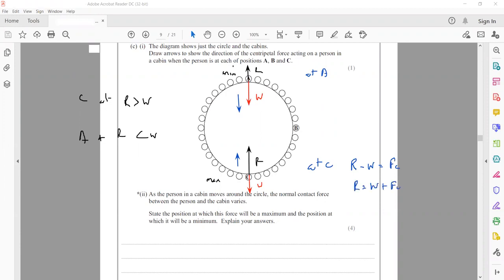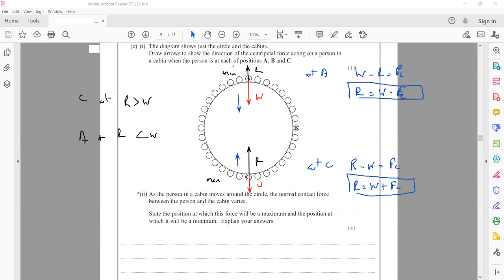So the normal contact force should be the sum of weight plus centripetal force. But at A, it will be weight minus R is equal to centripetal force, or we can say, because R moves to the other side, Fc will come here, so weight minus centripetal force should be equal to R.